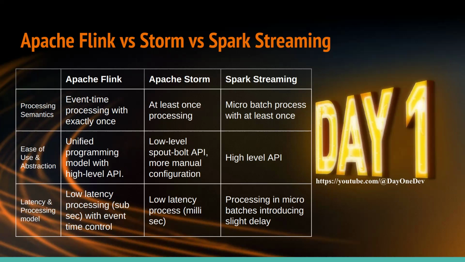Spark processes data in micro-batches. Most of you might know it, or maybe I'll create a separate video on Spark. Just post a comment if you want to learn about Spark, and I'll provide you the details. It supports near real-time scenarios just like Flink, and this might not be suitable where you really require ultra-low latencies similar to Storm.